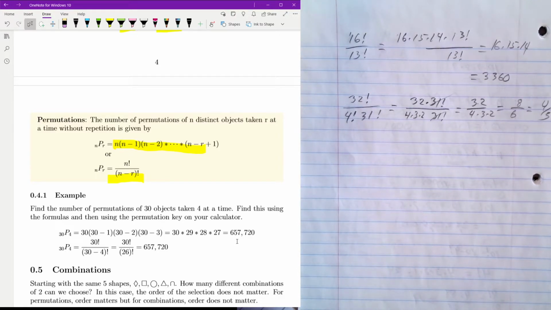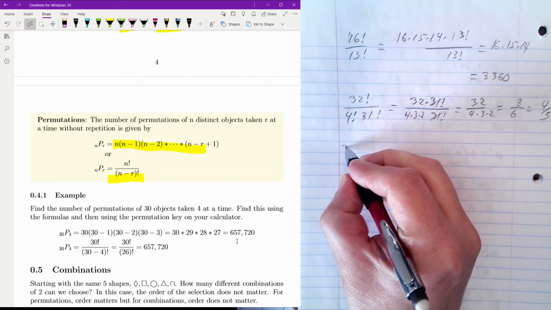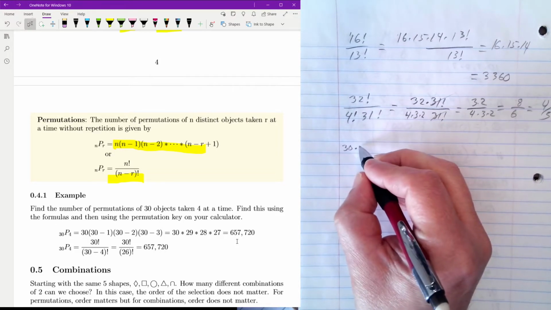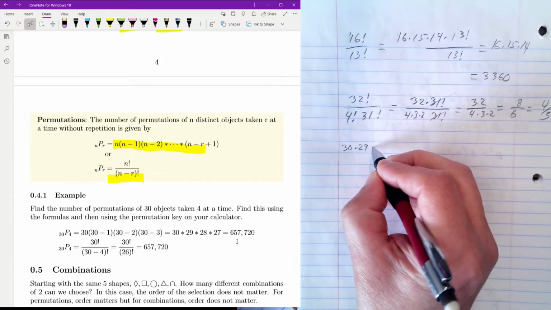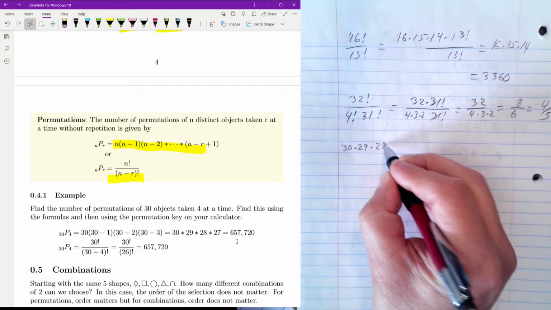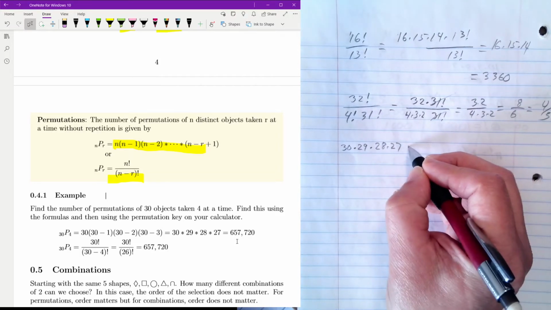As an example, and I'm going to do most of this using my calculator, let's say we want to pick out of 30 possibilities, we want to pick 4. So we want 30 permute 4. That would be 30 times, so for our first choice, we have 30 possibilities, then 29 possibilities, then 28 possibilities, and 27 possibilities.